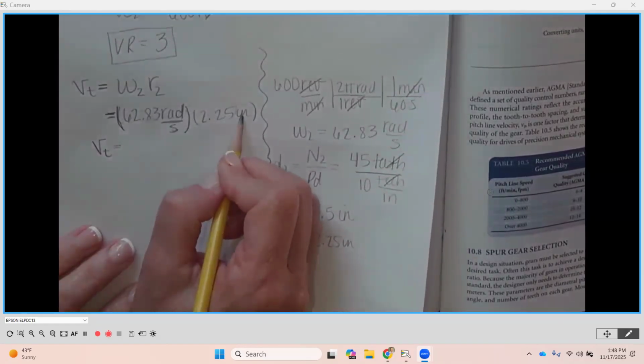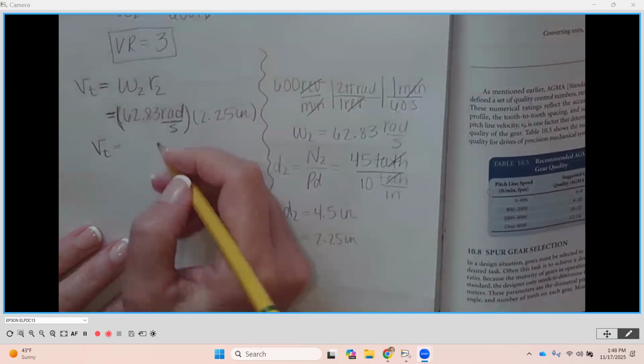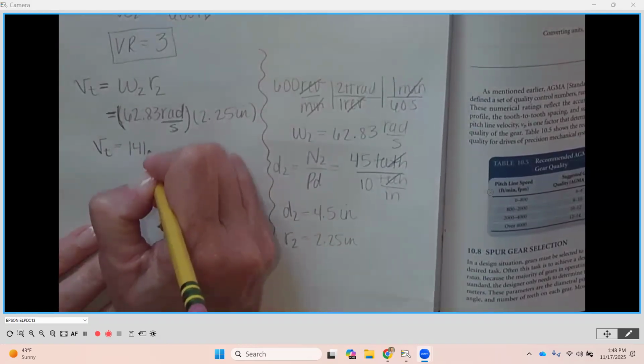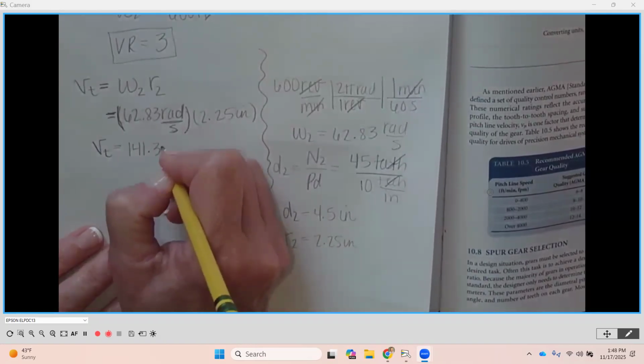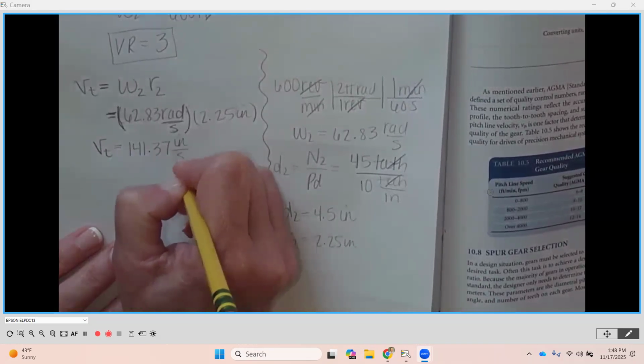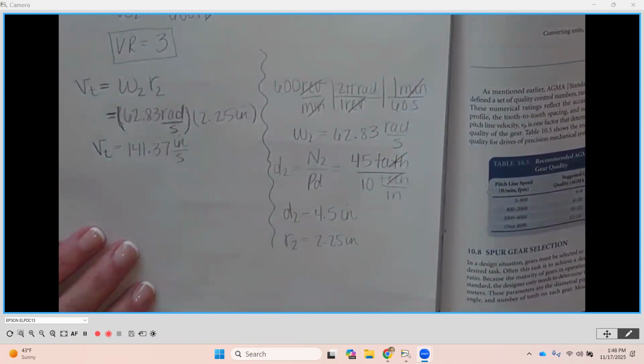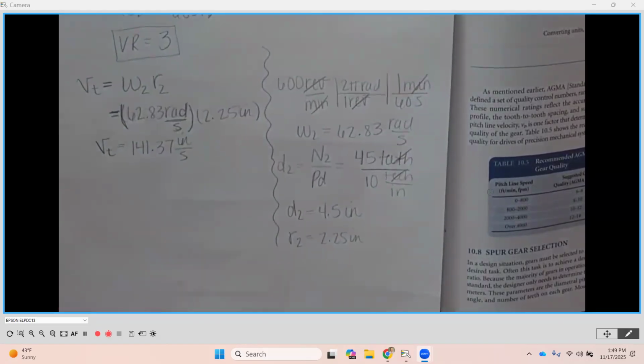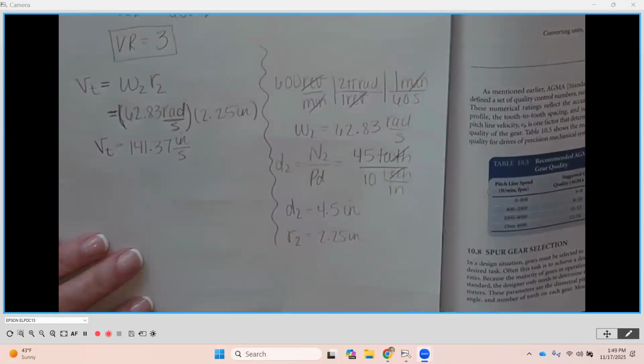So radians times inches is going to be inches per second, 141.37 inches per second. Did you guys get that same number? Yep. Okay.